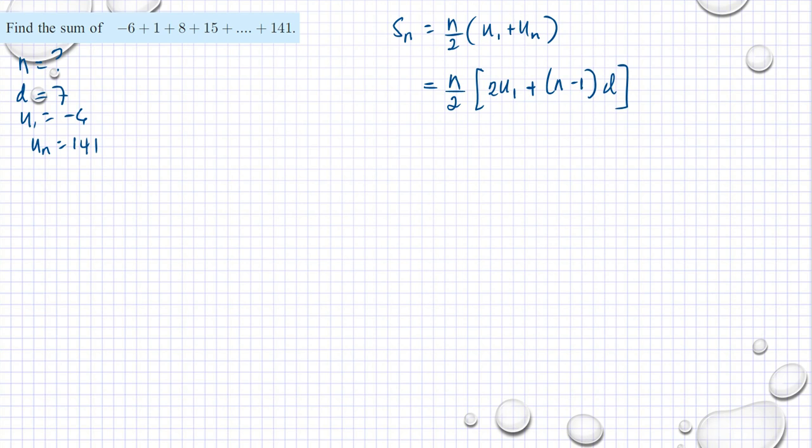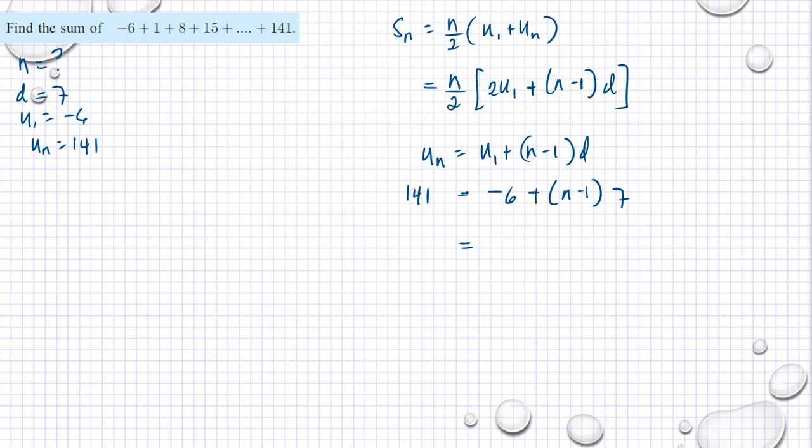So if we're going to find our n, we need to use u sub n. U sub n is equal to u sub 1 plus n minus 1 times d. And u sub n is 141. Then we have u sub 1, which is negative 6, plus n minus 1. We don't know what is our n, but our difference is 7.